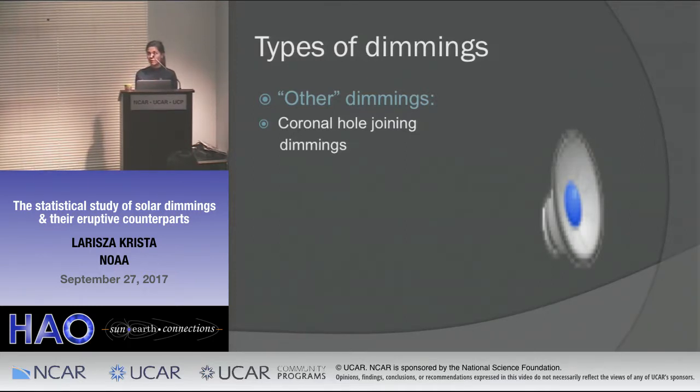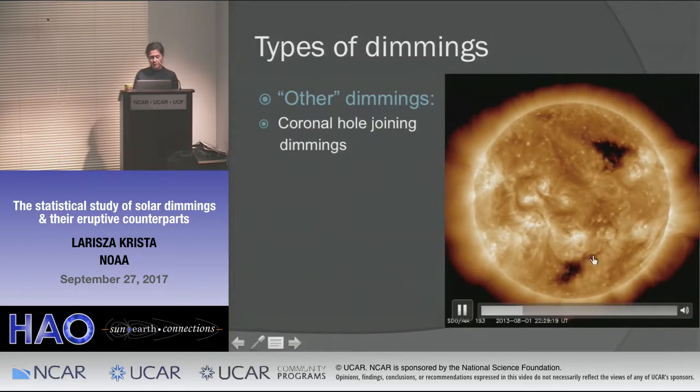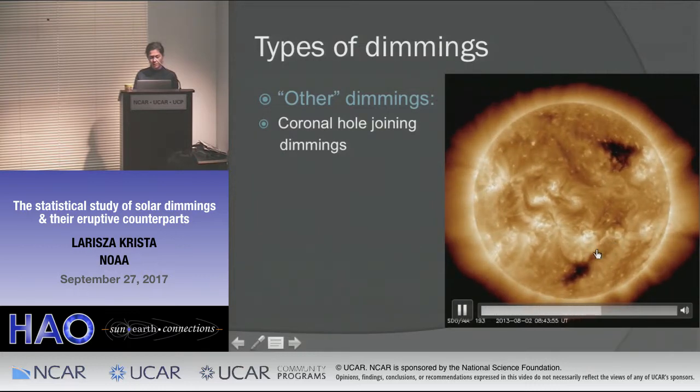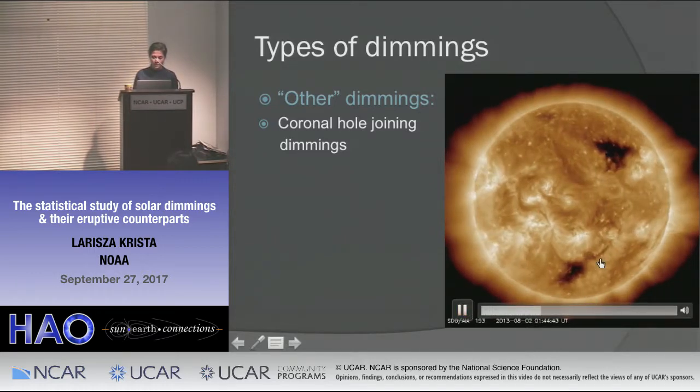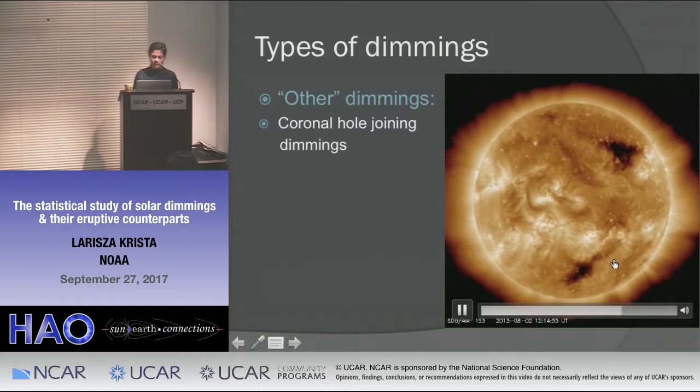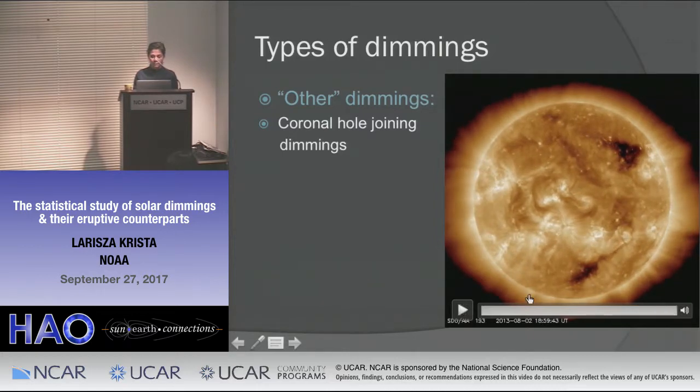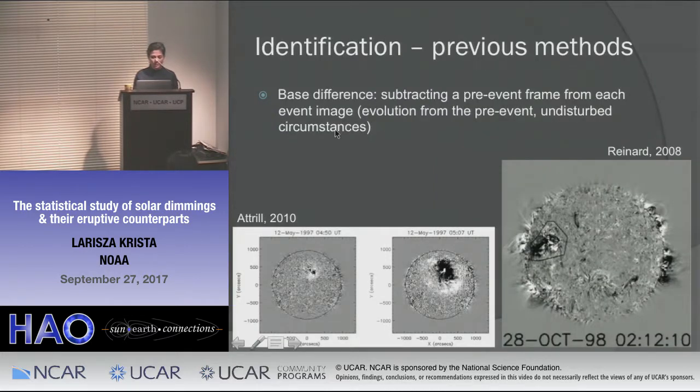And basically, the coronal hole becomes larger, and that dimming does not quite disappear or just changes in time. It's hard to know what happens there. Here is an example. Here's our coronal hole. There was an eruption. It's sort of joined around here. Play it again. This is where we're looking. It's hard to know what happens there.